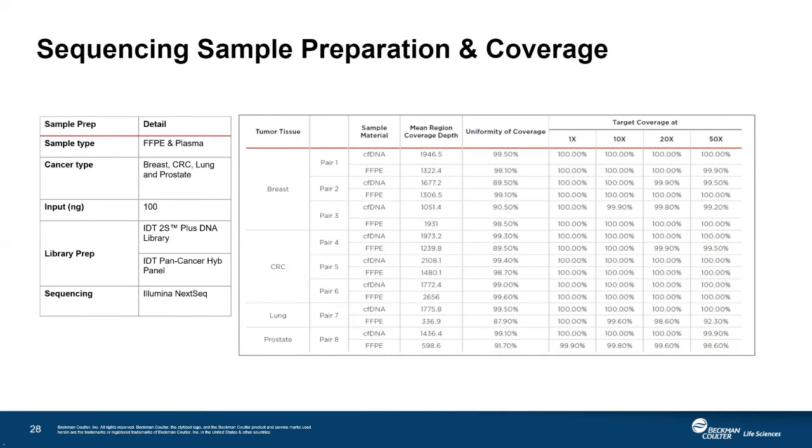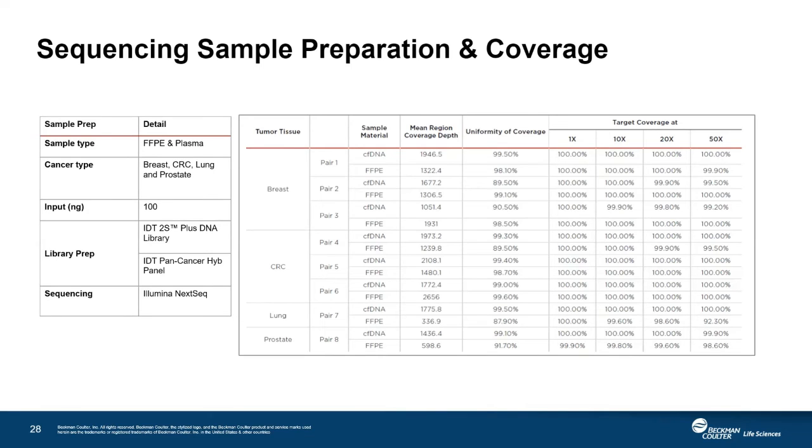I'm going to tie these two together a little bit and present you some data if we want to look at cfDNA and FFPE samples in concert. We're going to look at mutation detection in these cfDNA and FFPE samples. The other thing I want to point out is that the extractions and all of the library construction were all done automated on a Biomek workstation.